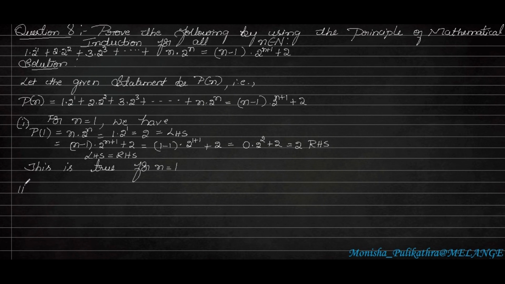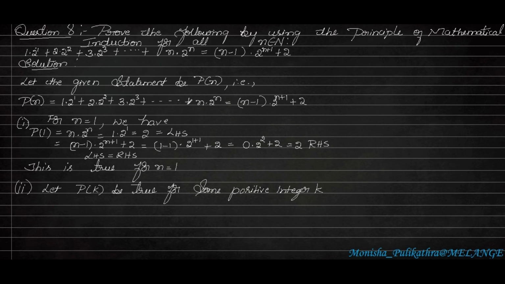In the same way, we have to prove the second step, that is, let P of k be true for some positive integer k. So in the P of n equation, we have to replace n by k.